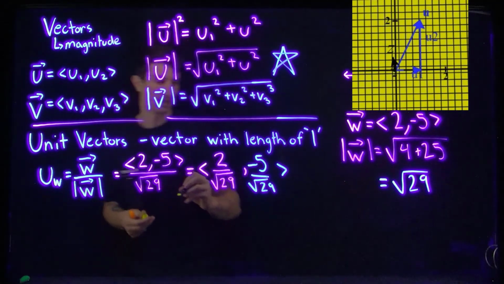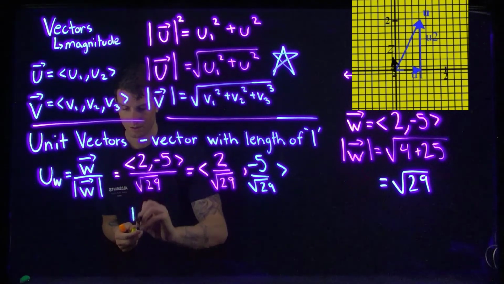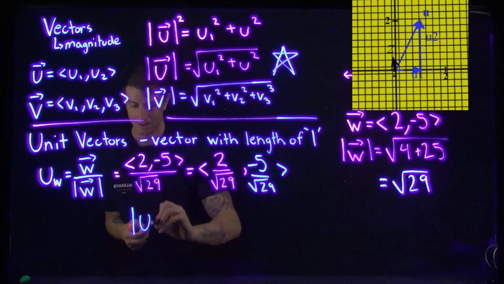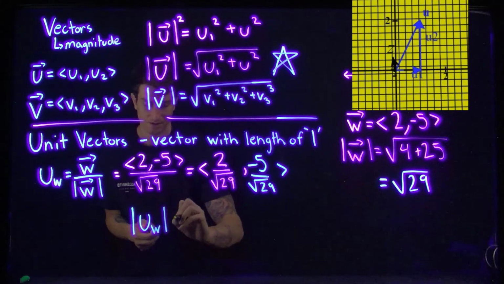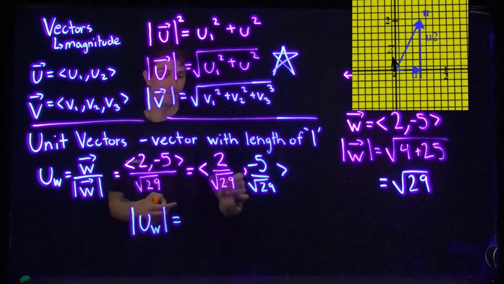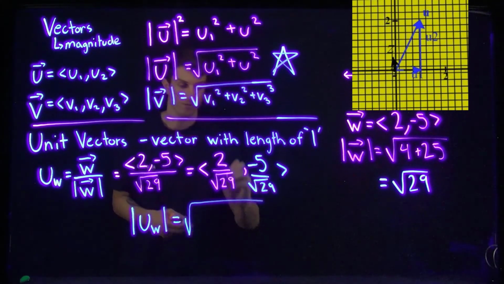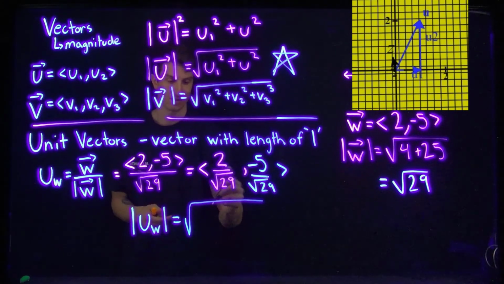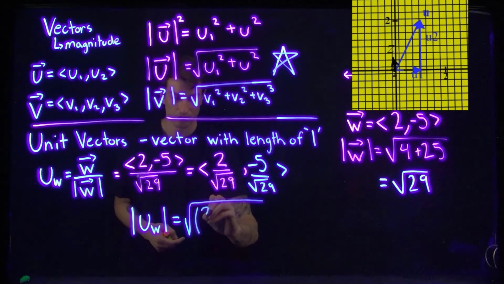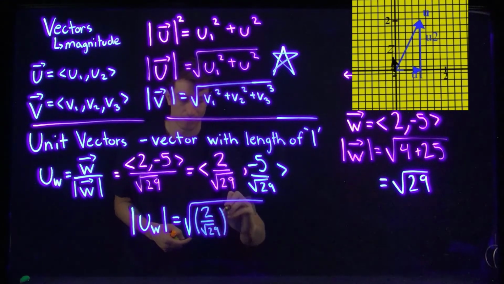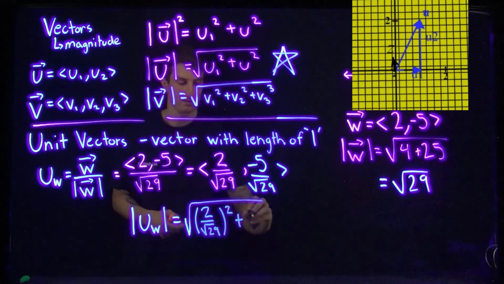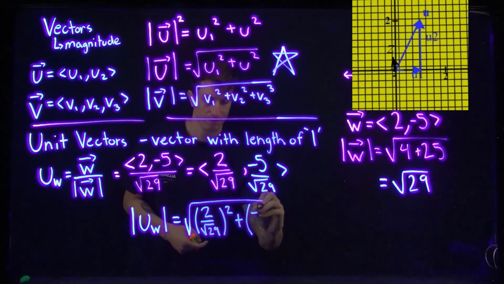If we calculate the length of u sub w, this is going to be the square root of u1 squared plus u2 squared, so we'll write this out: 2 over root 29 squared plus negative 5 over root 29 squared.